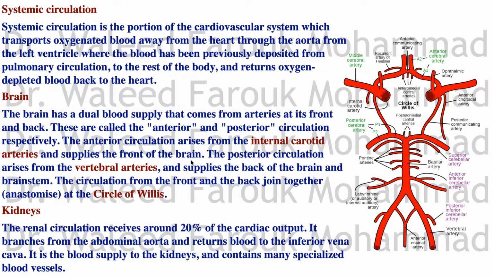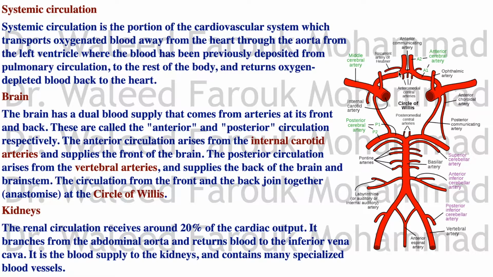These two systems, the carotid system and the vertebro-basilar system, are joined together at what's called the circle of Willis. This is the circle of Willis, as you can see here.